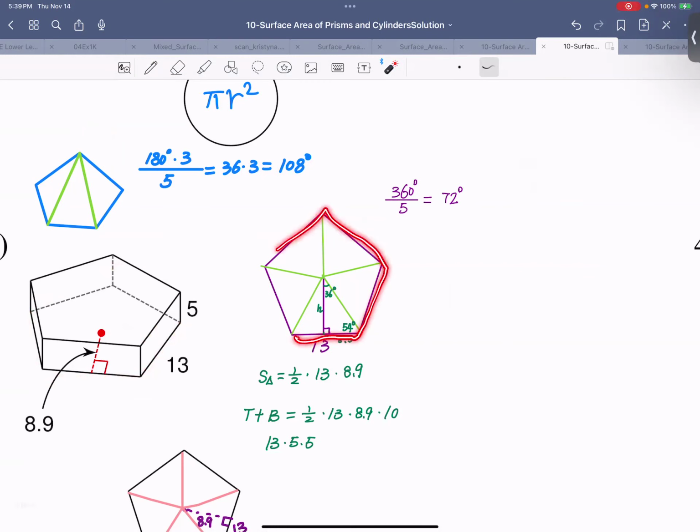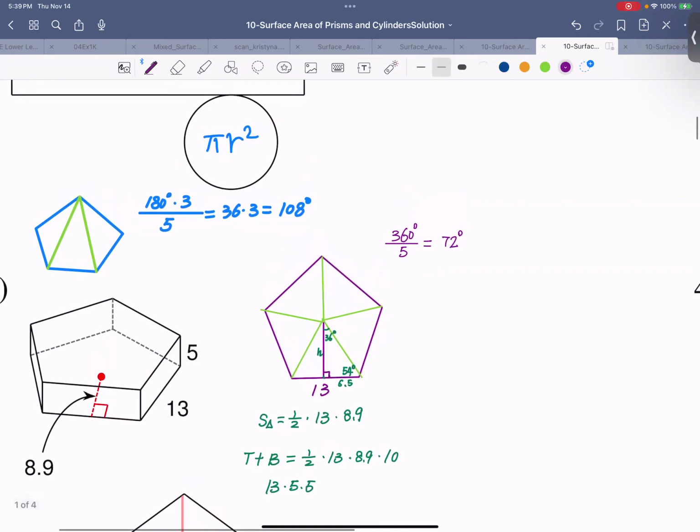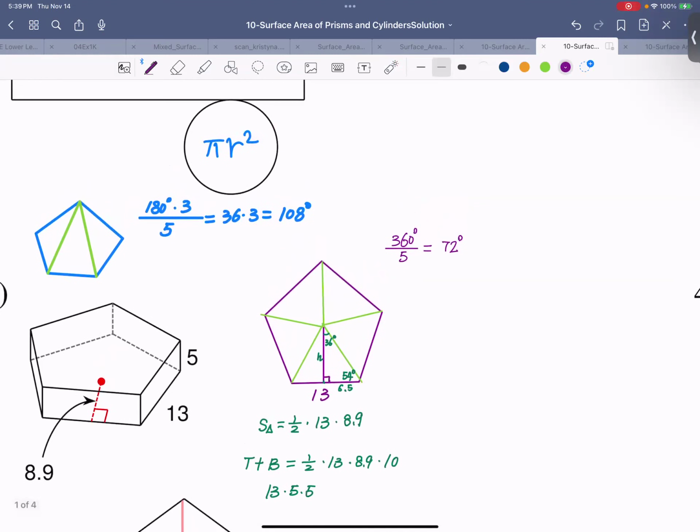All the sides are 13. We want to calculate that. Which trigonometry do you want to use? Sine, cosine, or tangent? Which one? Cosine. You want the cosine.